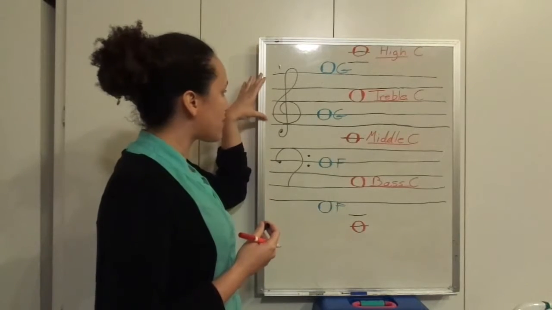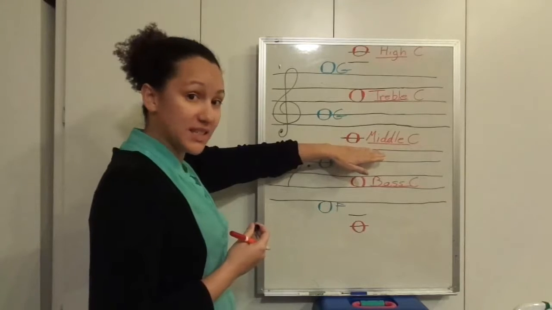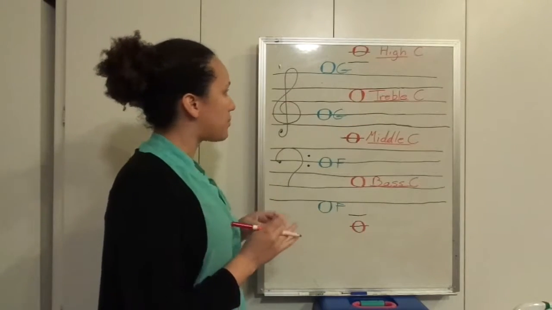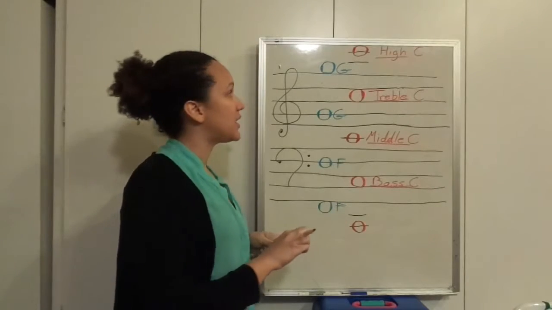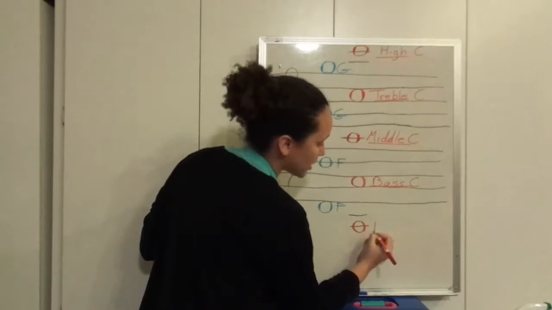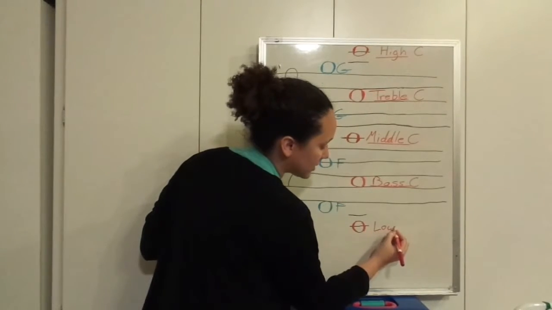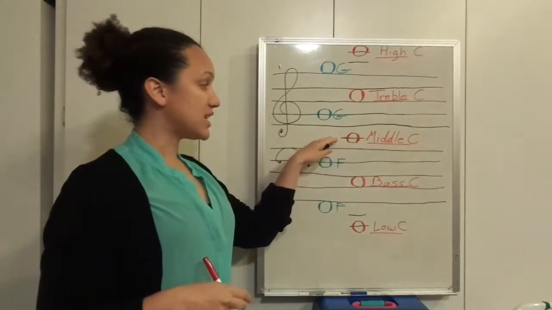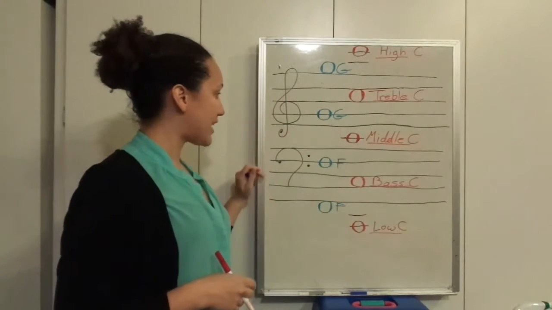So if it's treble, you might only see 3 C's, or if they use bass, you might only see 3 C's. But for a keyboard instrument, you would see all 5 of them lined out. And we'll give this one low C.